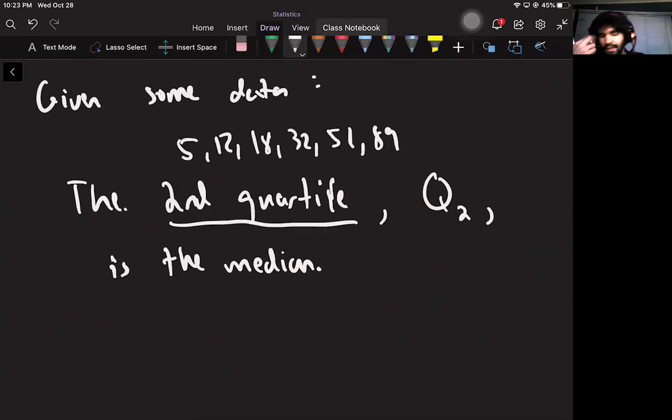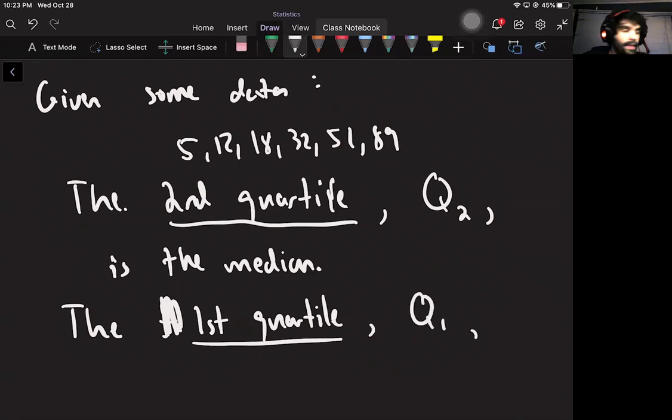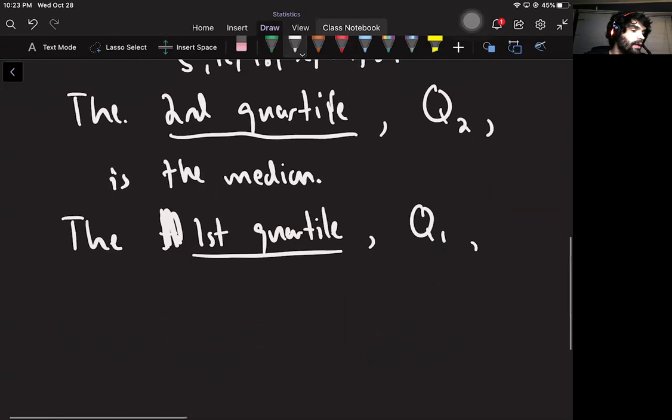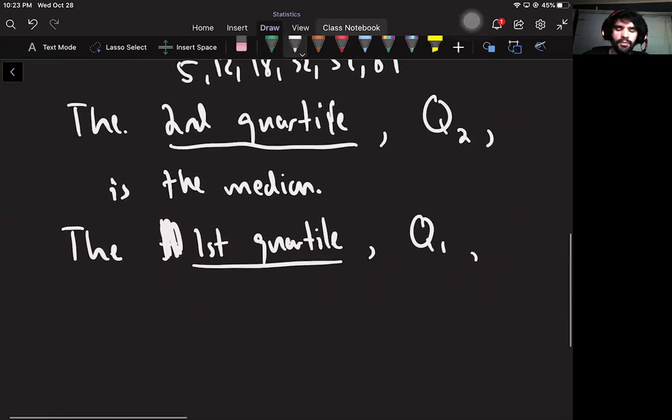And then the idea is that the other quartiles are defined from that one. So the first quartile is called Q sub 1. And it's a median again, but it's the median of the lower half created by splitting the data into two sides using the median.